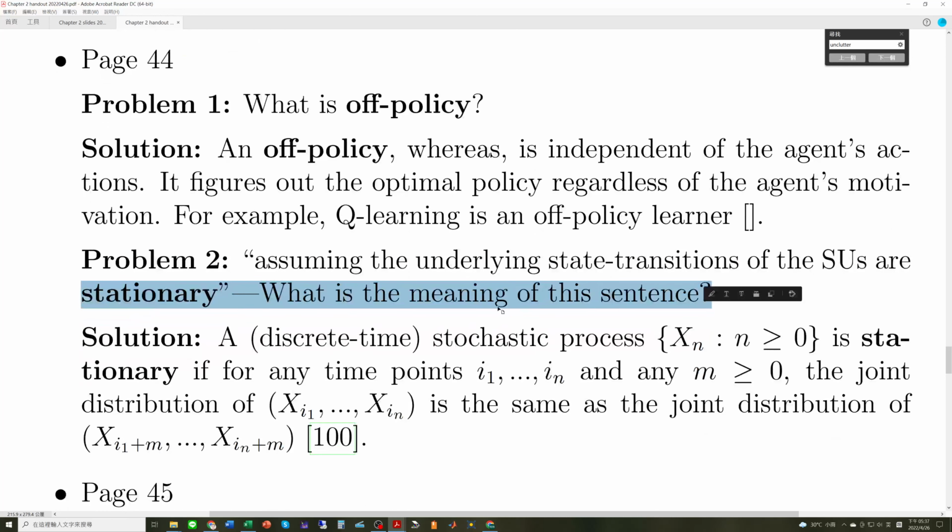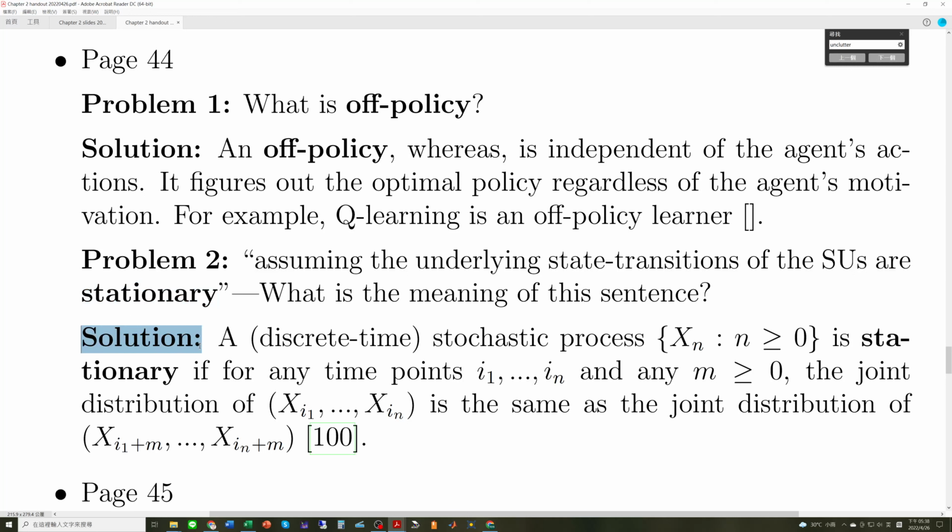To understand the meaning of this sentence, we must know the meaning of the keyword stationary. Solution: a discrete time stochastic process. What is a stochastic process? If you do not know it, you should take the course on stochastic processes, which is provided by the Institute of Communications Engineering.